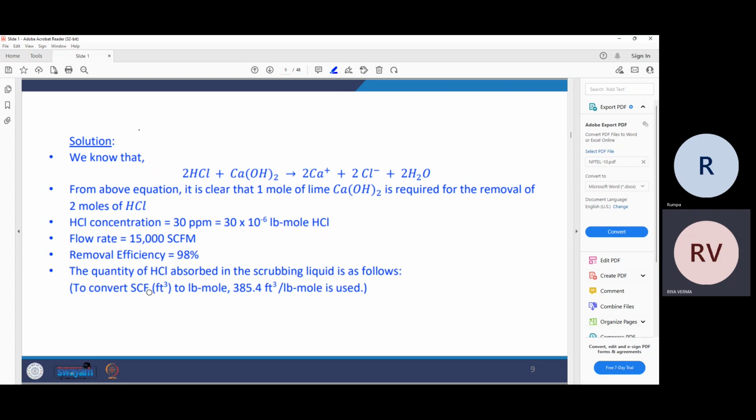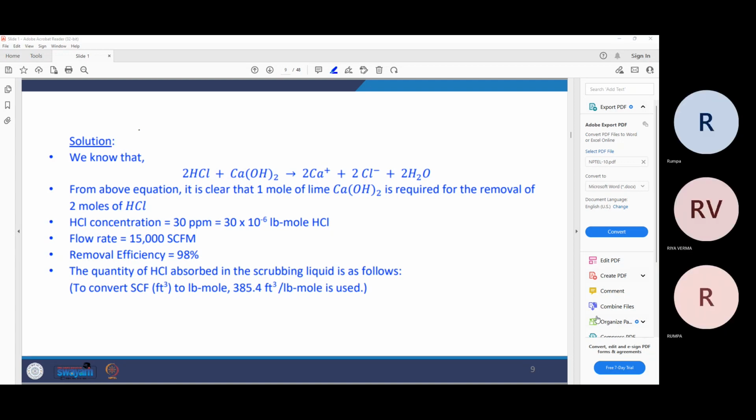So first of all, to convert this standard cubic feet to pounds mole, we need to multiply this by 385.4.